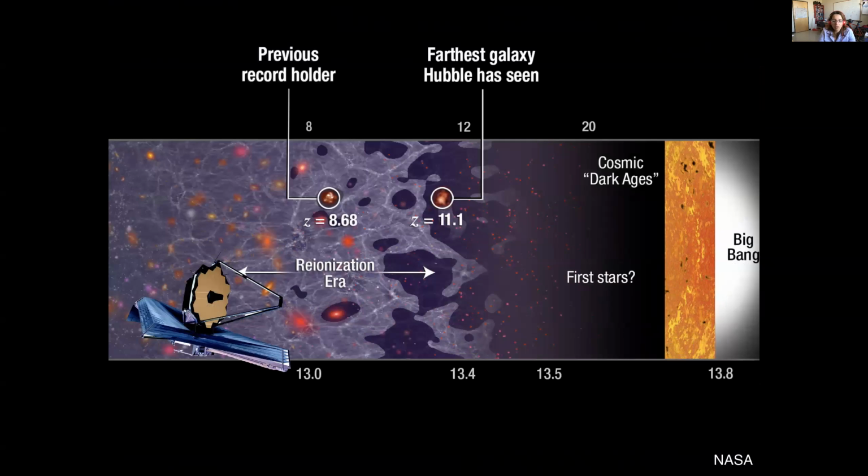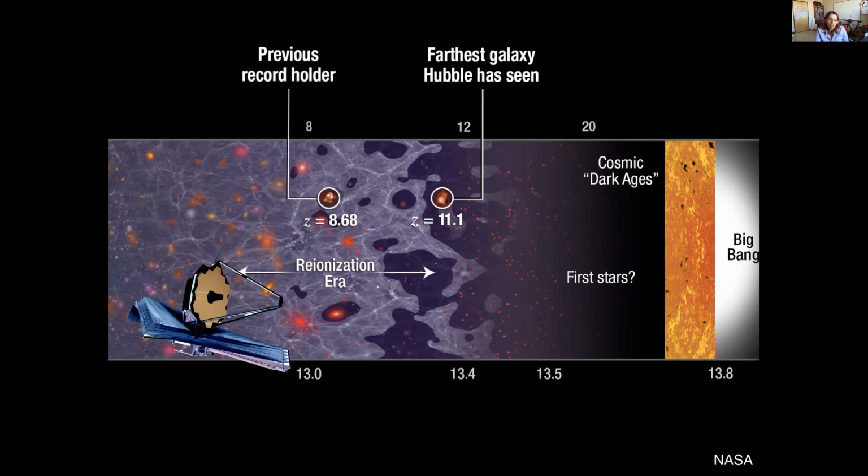So zooming in on that particular part, what the James Webb Space Telescope is going to do is push further into the reionization era. So it's going to push all the way back into the first stars, up to 13.5 billion years ago.